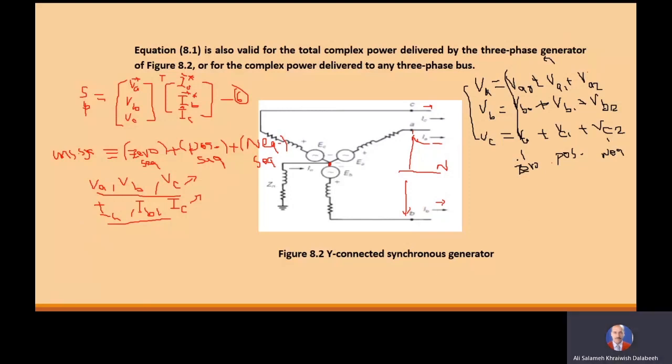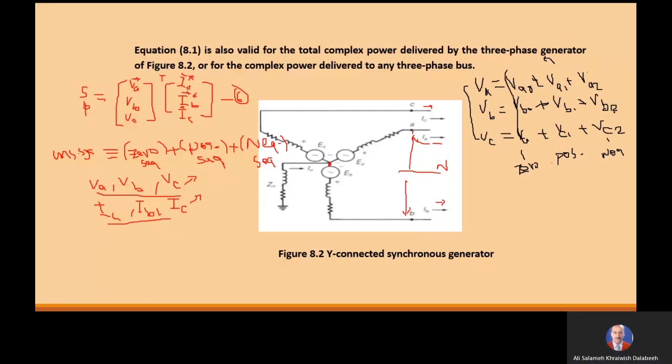So we have three systems. The zero sequence system has no rotation. The positive sequence system rotates the same as the original system, and the negative system's rotation is opposite to that of the original system. As we explained in the previous lecture, we explained how we draw the three systems: the zero, the positive, and the negative.